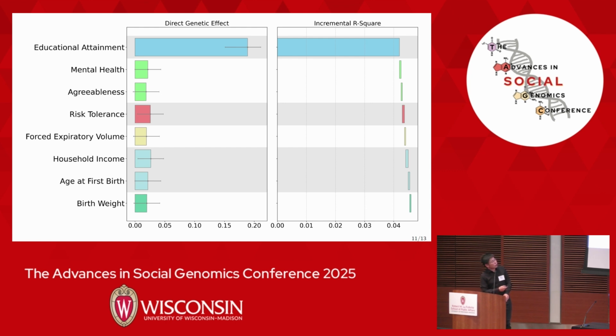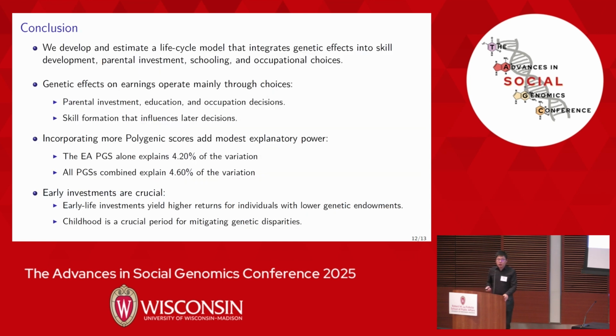But the other relevant GWAS or polygenic scores include mental health, agreeableness, risk tolerance, and also household income. Some of them have much less intuitive channels than educational attainment, but we definitely want to show them for completeness. Okay, so let me just conclude.